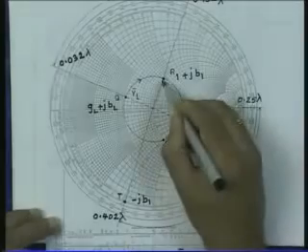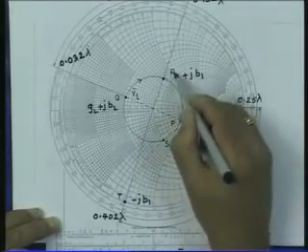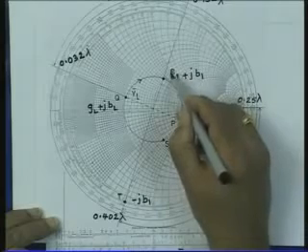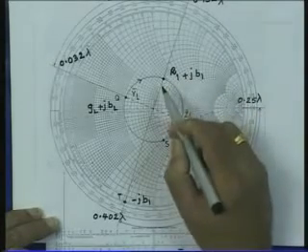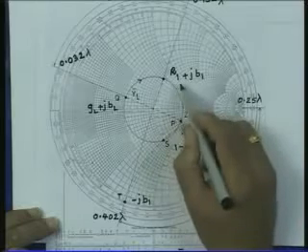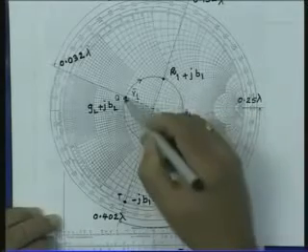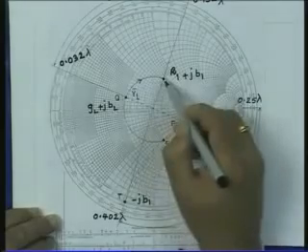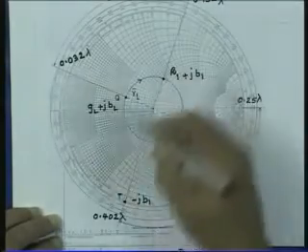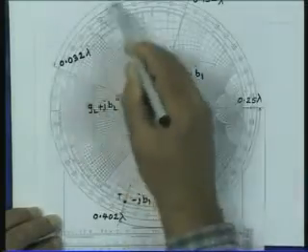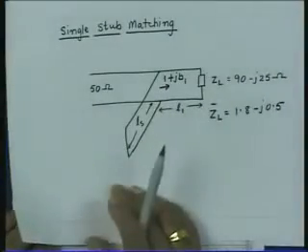So, this location here, this point is R. The admittance corresponding to this point is 1 plus jB1. How do I get the length or the location of this point? I just draw the radius vectors passing through these 2 points. That is the length which is L1 on the main transmission line.